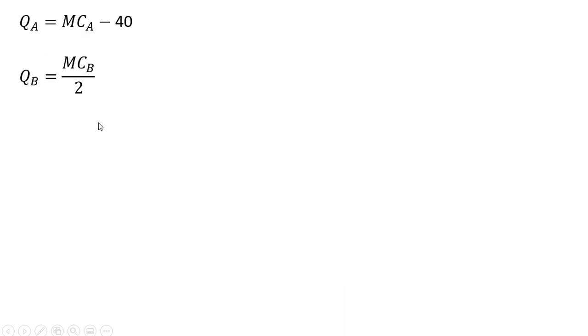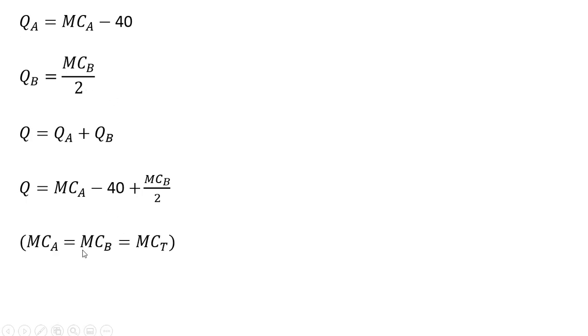So just rewriting those two results and now adding them up. So Q is just going to be Q subscript A plus Q subscript B. Making our substitutions then. And then recognizing here that the marginal cost of firm A will equal the marginal cost of firm B, will equal the marginal cost of the total pollution reduction.